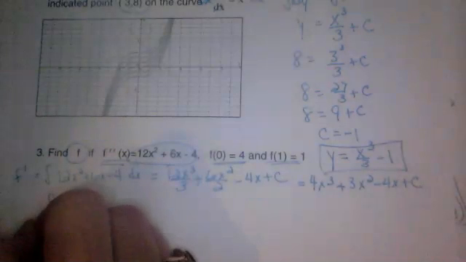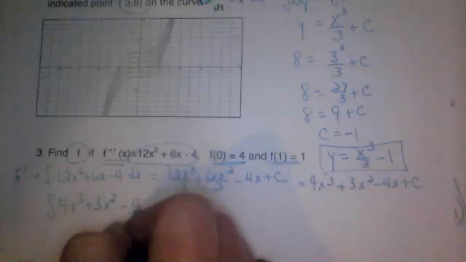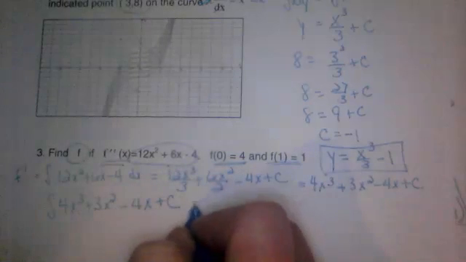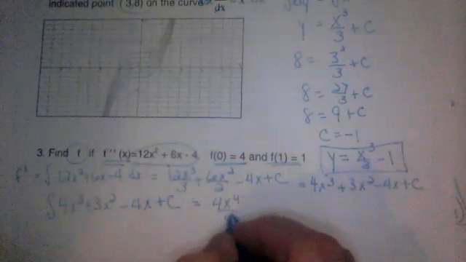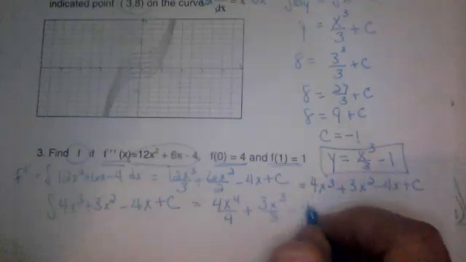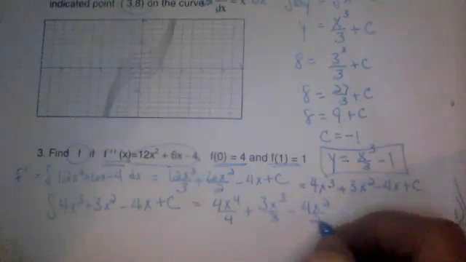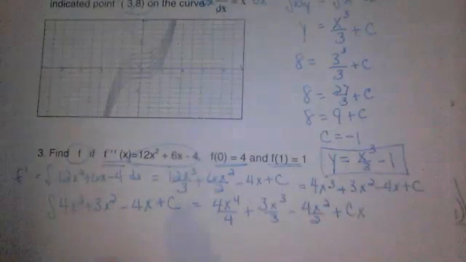So now we're going to integrate 4x cubed plus 3x squared minus 4x plus c. So this is going to be 4x to the fourth over 4 plus 3x to the third over 3 minus 4x squared over 2 plus c with an x, because that's a constant.